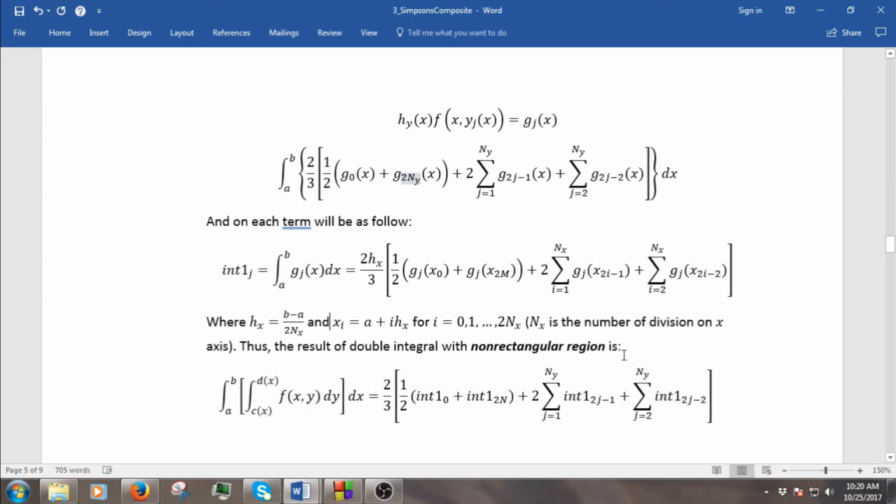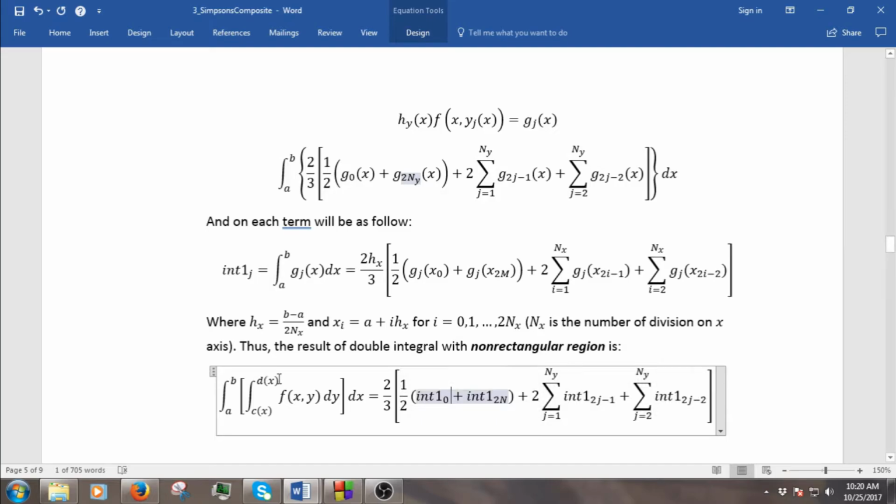So the final result of the non-rectangular region is basically, again, we have this nice expression. The double integral is the summation of the integral in one direction, or integral in one variable here.